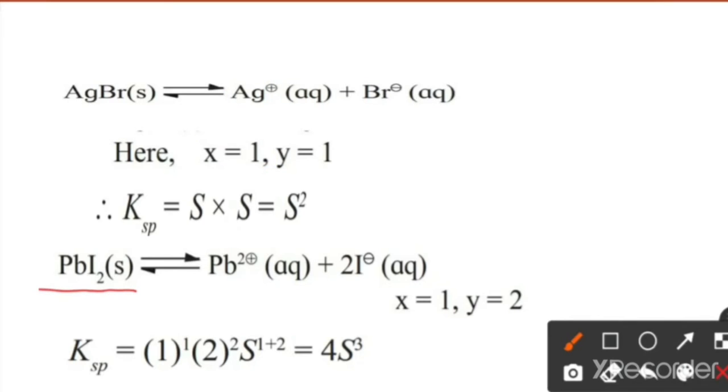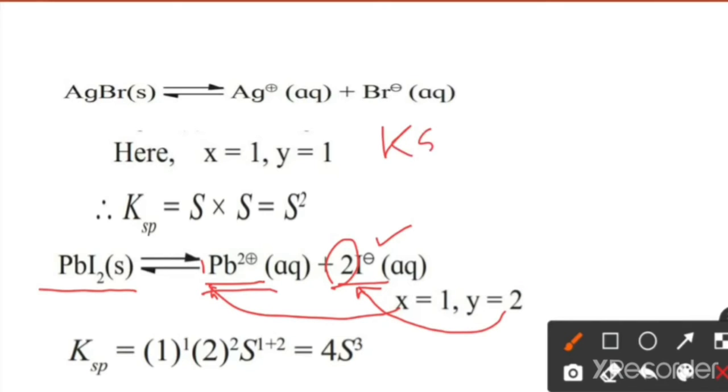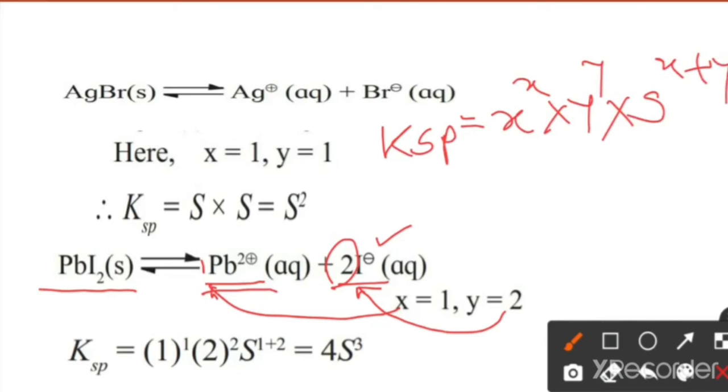PbI2, a sparingly soluble salt, gives Pb plus 2, 1 ion, means coefficient 1, and 2 ions of I minus, coefficient is 2. Here value of x is 1 and value of y is 2, and we know the formula Ksp is equal to x raised to x into y raised to y into S raised to x plus y.